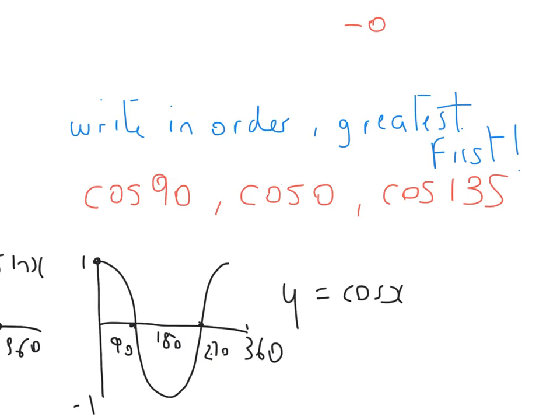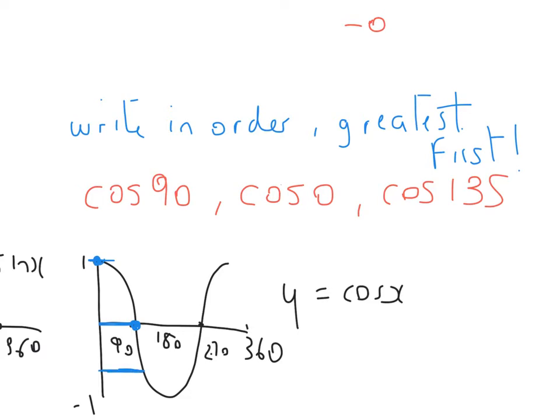So cos 0, first of all, well, there's 0 and we're on the cosine curve, so that lies up there. Then it's going to be cos 90, which is here, and cos 135, so between 90 and 180, that might be around about there.